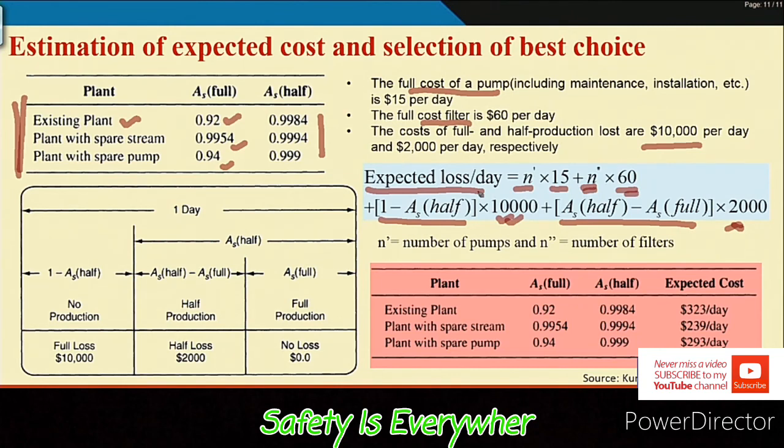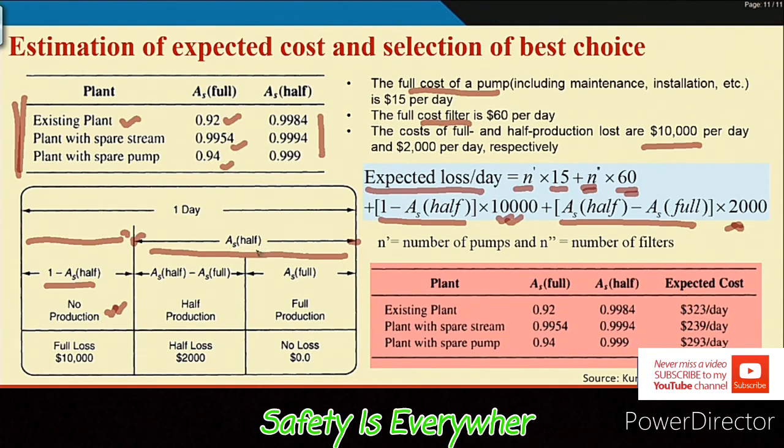Now, how do you find out these three things? The loss calculation situations are given, because we are considering one day. Suppose we consider one day with no production or half production. If this is your half production time, then the remainder is definitely the no production time. So, 1 minus half production will give you no production. But as you have seen in the truth table, half production also includes full production.